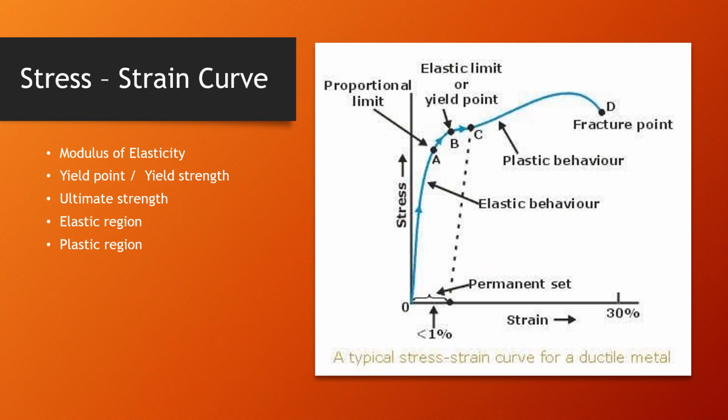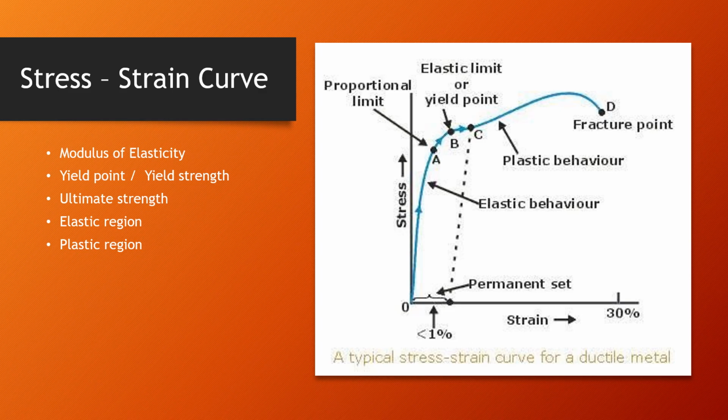Now let's talk about the stress and strain curve. Here you can see that stress is plotted along the y-axis and strain is plotted along the x-axis. This is a general typical stress and strain curve for a ductile material.